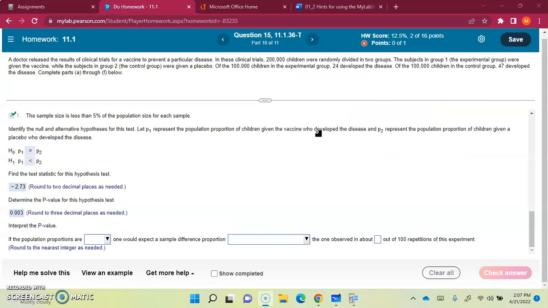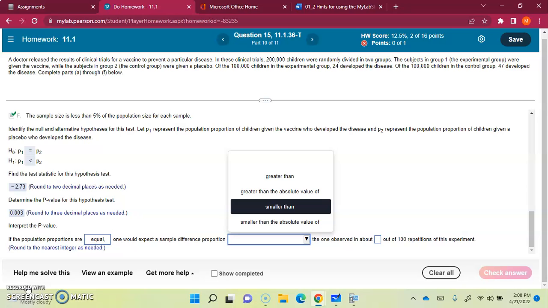Let's see the interpretation of the p value. The p value is computed when the null hypothesis is true. That means if the population proportions are equal, one would expect a sample difference in proportions, that is p1 minus p2, to be this extreme. That means it has to be smaller than the negative absolute value, because p1 minus p2, you want it to be negative, right?